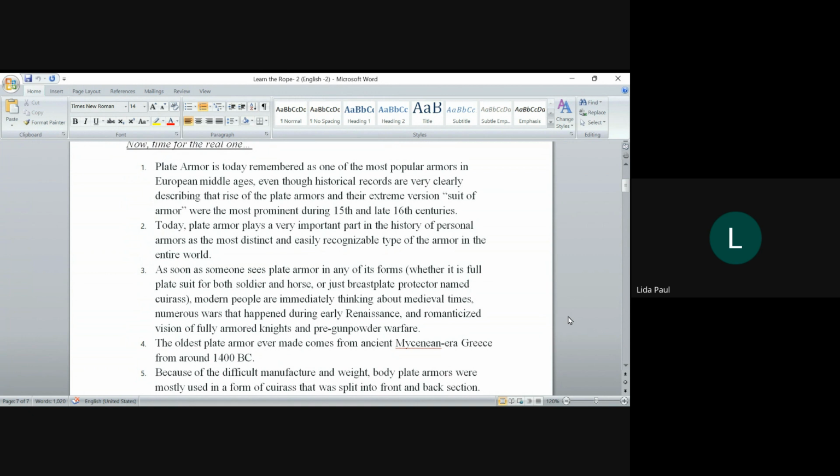Okay. Then comes the second line for that sentence. Armors is the most distinct and easily recognizable type of the armor in the entire world. You can take the whole of that together. So most is definitely an adverb, and easily. Most and easily will be your adverbs in that line.